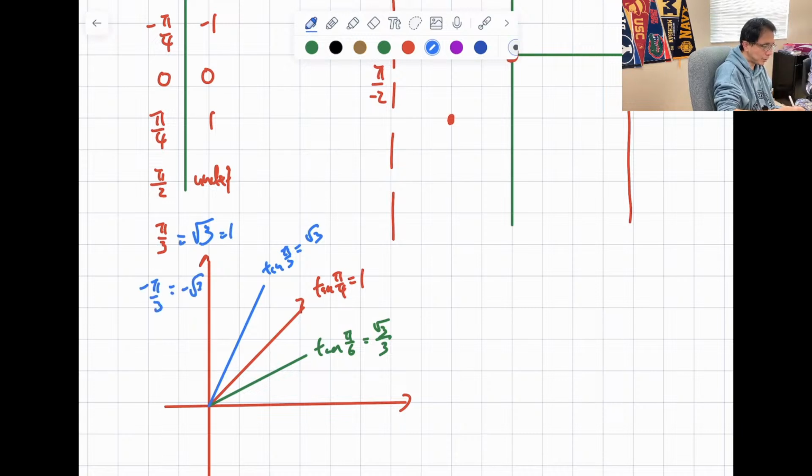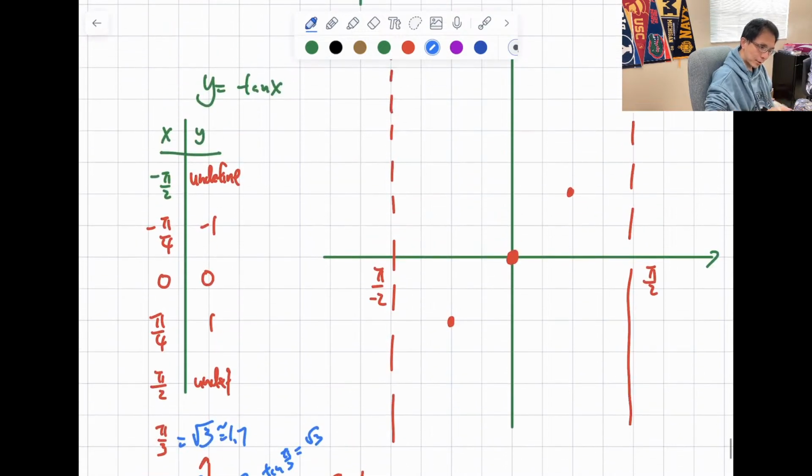Now square root 3 is roughly 1.7. So 1.7 is going to be somewhere here, something like this. And at negative pi over 3, it's going to be about -1.7, something like this.